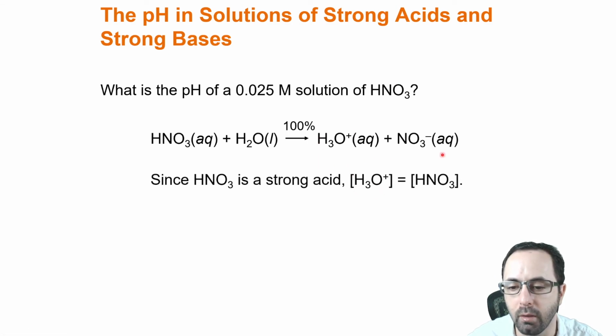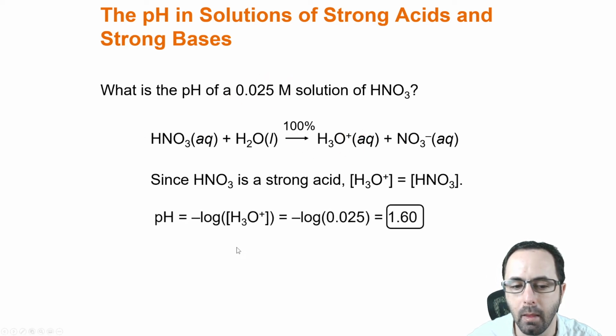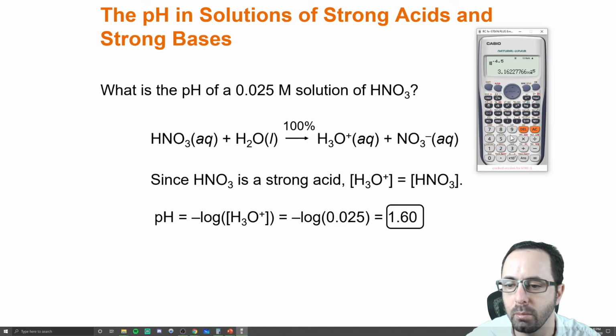One of these dissociates, makes one of these, and so our concentration is the same. So the pH will be the negative log of 0.025. Again, you should be able to plug that in now.